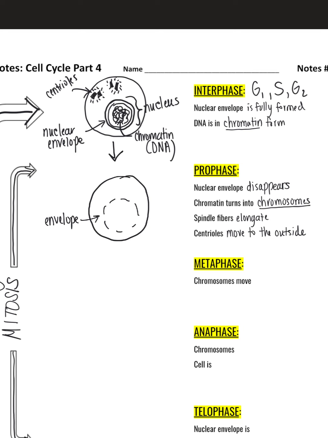Now at this point, remember the DNA has duplicated in the S phase. So we're going to see the chromosomes actually look like little X's. So it's going to look like this. Now, in reality, there would be a lot more chromosomes going on, but I am going to draw these 4 duplicated chromosomes here.